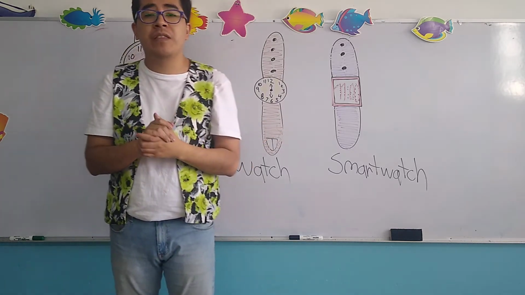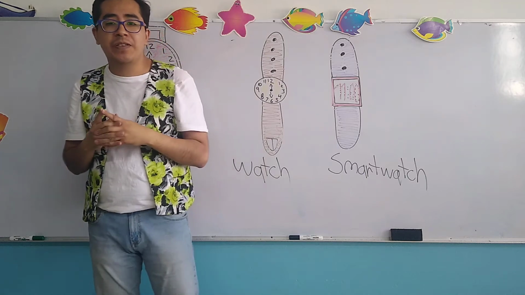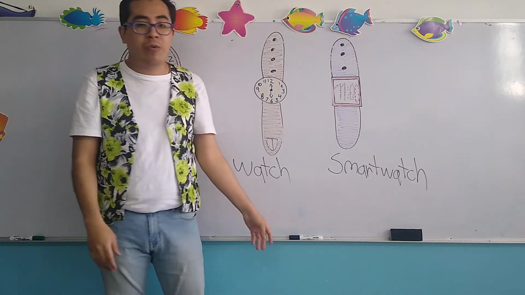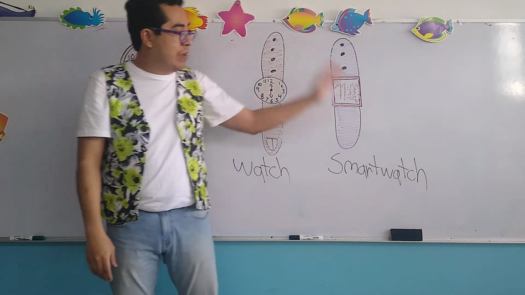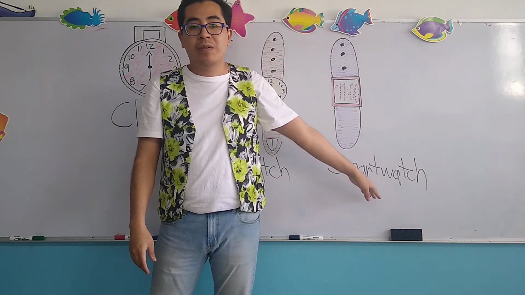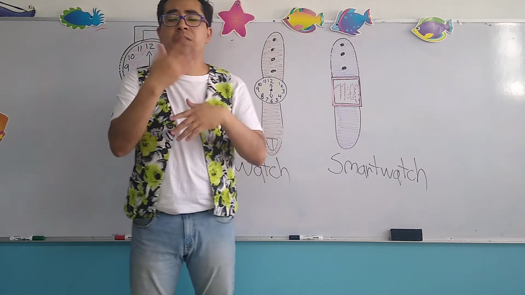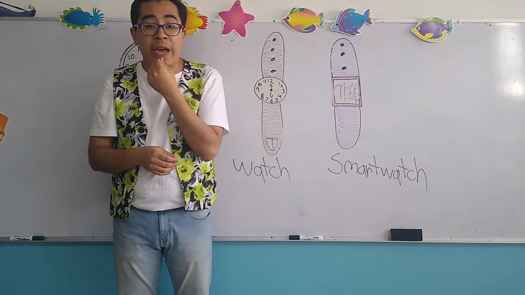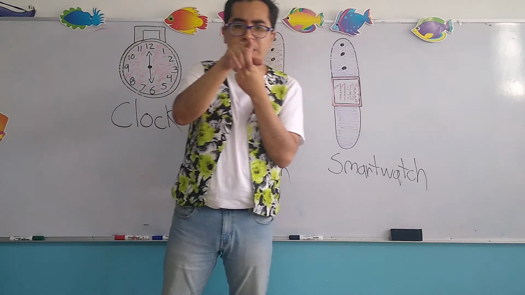What do you think is the difference? ¿Cuál creen que sea la diferencia between a regular watch, entre un reloj de mano normal y un smartwatch, un reloj inteligente? What do you think is the difference?